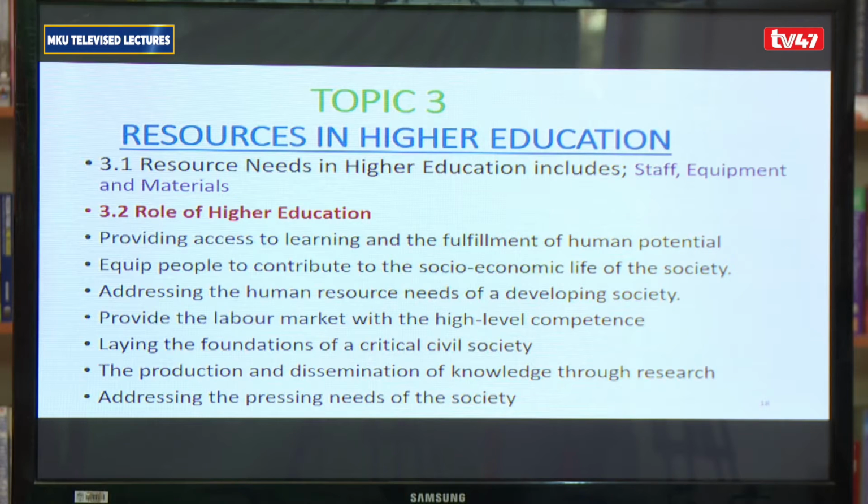Addressing human resource needs, okay, that one is more like the other one. Provide the labor market with a higher level of competence. I like that, the higher level of competence. The labor market is looking for somebody who is highly competent. And this is why it becomes a problem when the product the universities are giving is questioned, with words like half-baked.